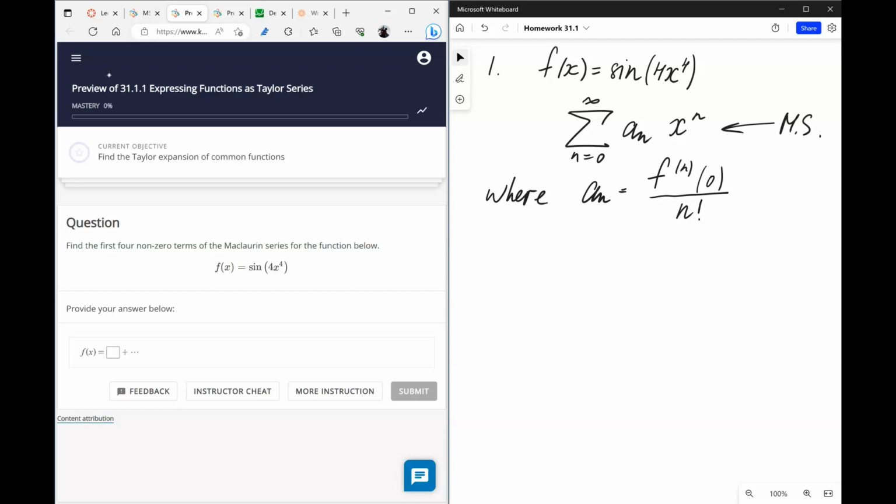To find the first four non-zero terms, here's what we're going to do.